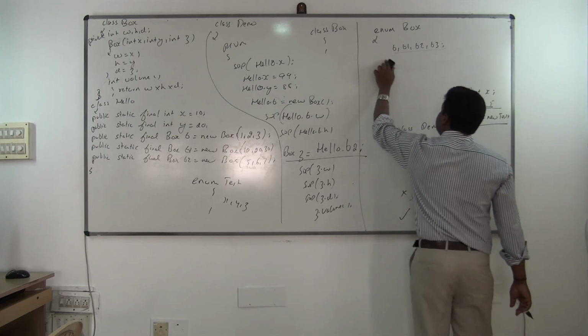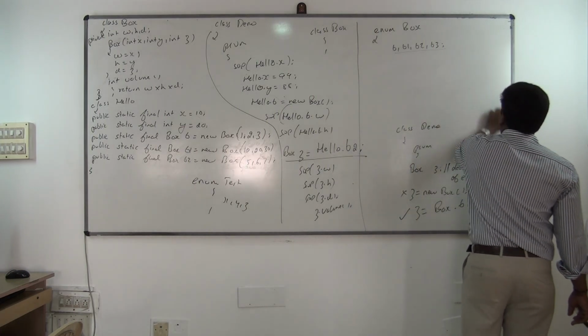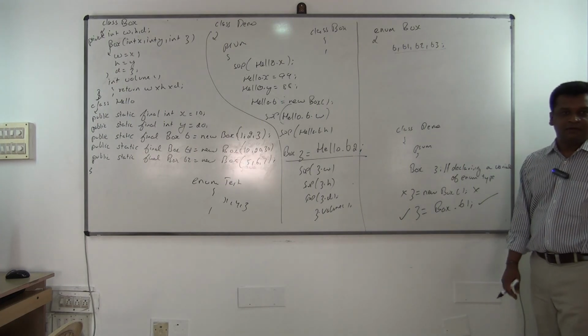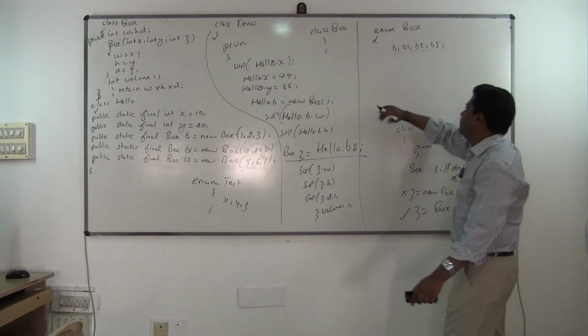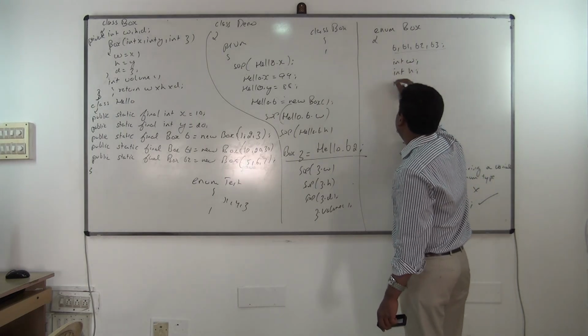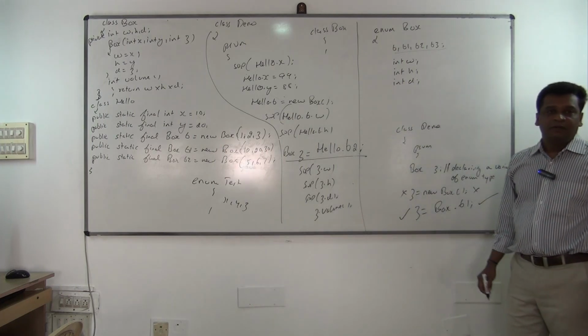Done. So now see here, in our enum, till now we are having only constants. If I am interested, I can add members now. Okay, so the beauty of enum, now you start understanding. I will have some variables, int w, int h, int d. Your enum can have members.